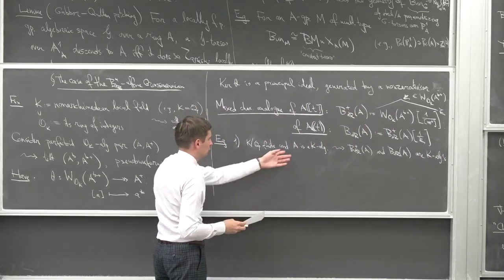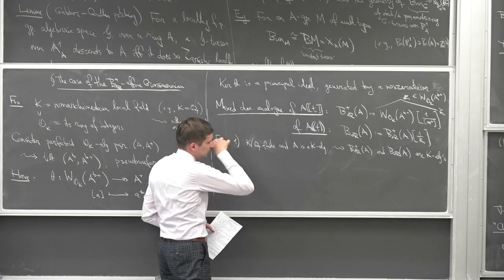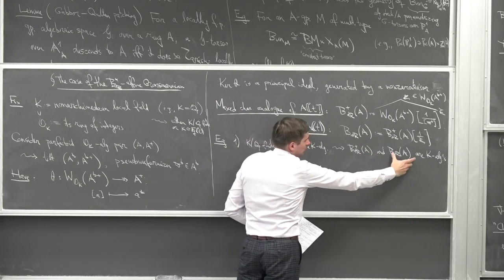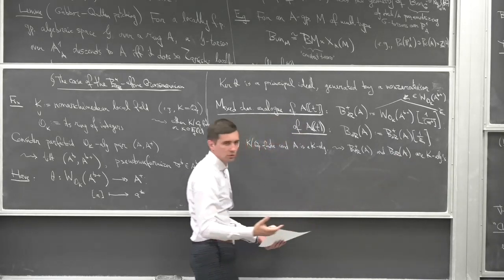And if you choose A to be C_p, the completion of Q_p bar, then this B_dR of A really contains the period ring B_dR.